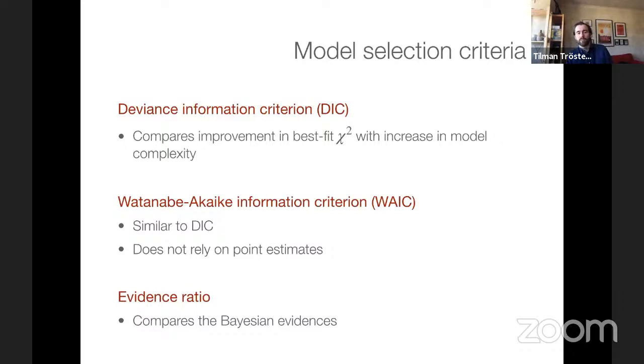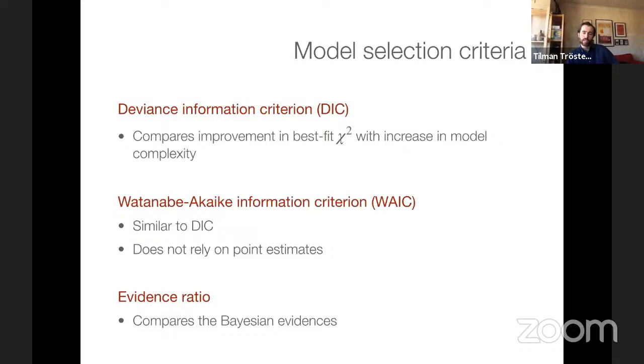Then there's the Watanabe-Akaike information criterion, which is similar to the DIC, but it doesn't rely on the point estimates where you compute these chi-square values, so it's a bit more Bayesian in that sense.